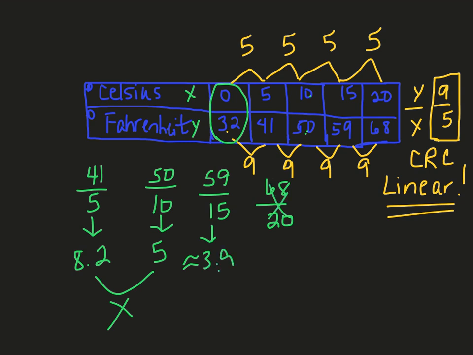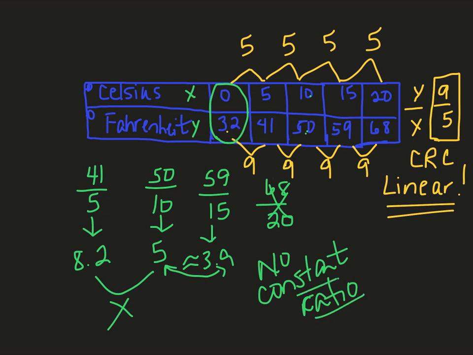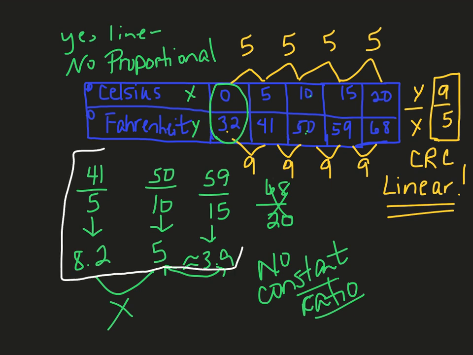I already know that there's not a constant ratio, because the fractions are changing. So it can be linear. So yes, it's linear. No to proportional. There is no constant ratio, and here is the math to prove it.